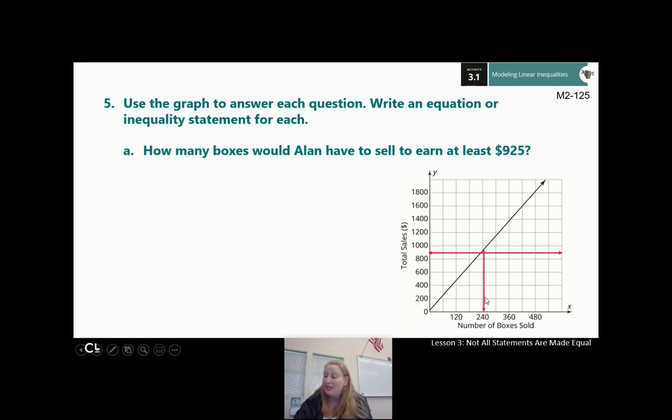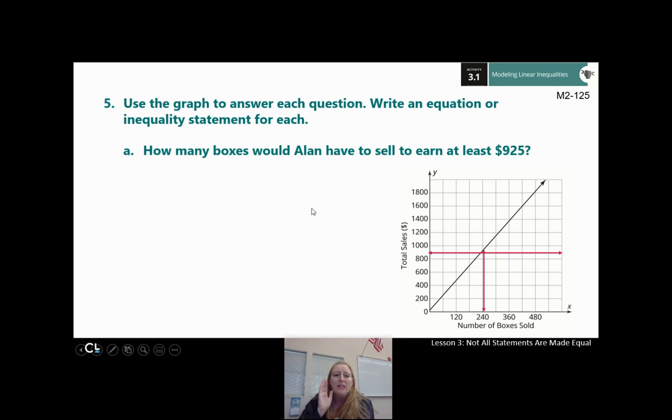Again, it's not perfect, but we get the idea. And it looks like my point is right about here. So that means Alan would have to sell at least 240 boxes. So to earn at least $925, Alan would have to sell at least 240 boxes.